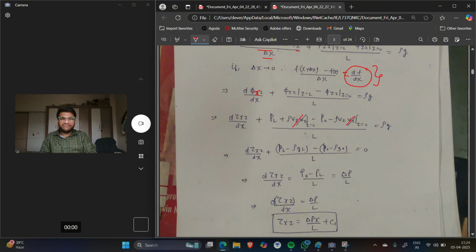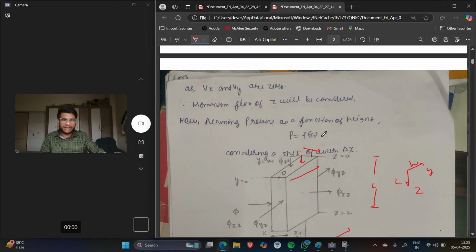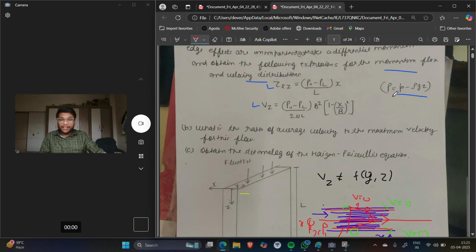Okay. Now what I will get is only PL and this rho g on the LHS side. Just simply divide and multiply by L, and take this 1 by L common. So you will get pL minus rho gL minus p naught minus rho g 0, upon L. If I wrote the question correctly, it is given in the question that capital P is small p minus rho g z. Means capital PL is small pl minus rho gl.